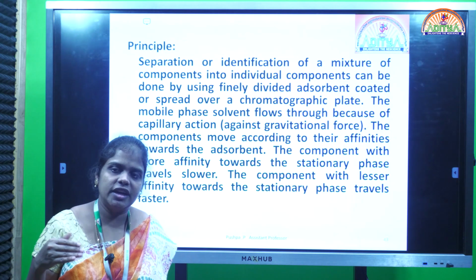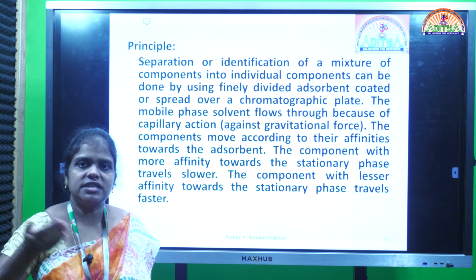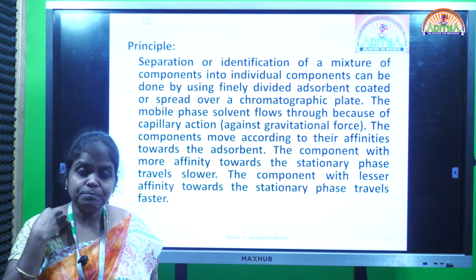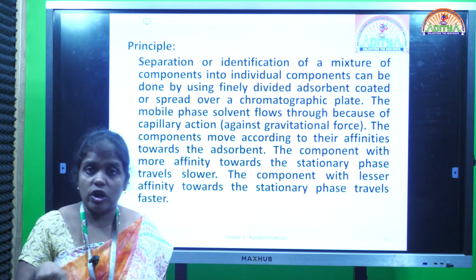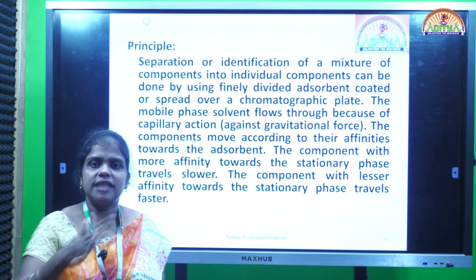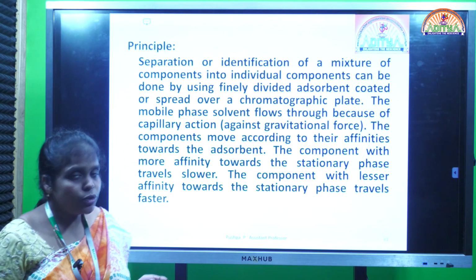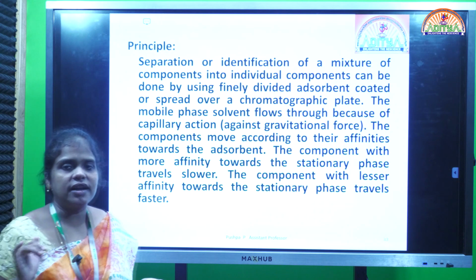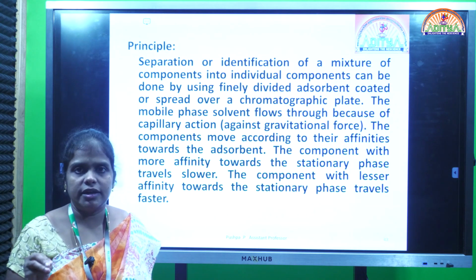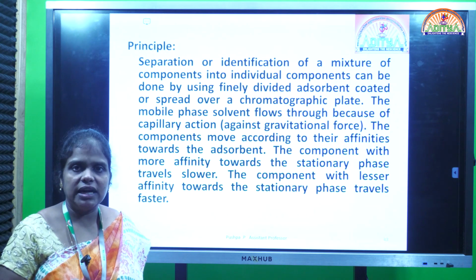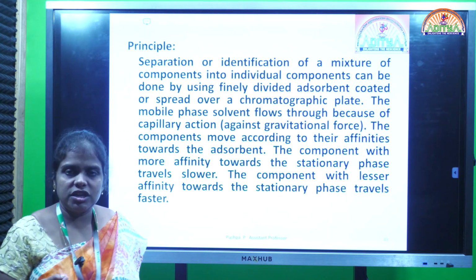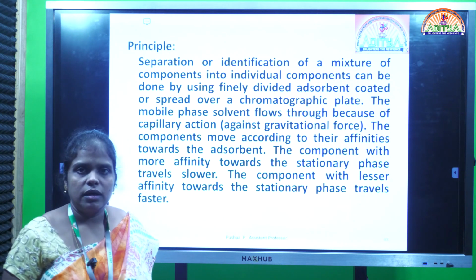Already we have prepared it in slurry form. That means taking the stationary phase, especially silica, mixing it with the solvent or mobile phase, spreading that slurry on the glass plate or aluminum plate, and then drying it.